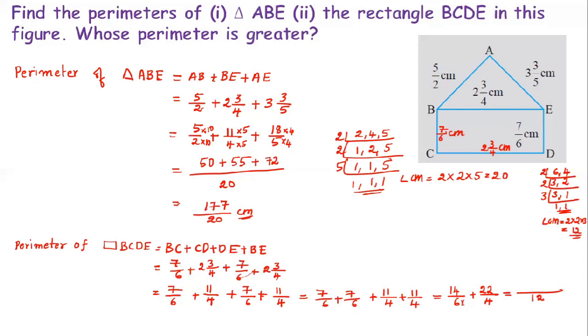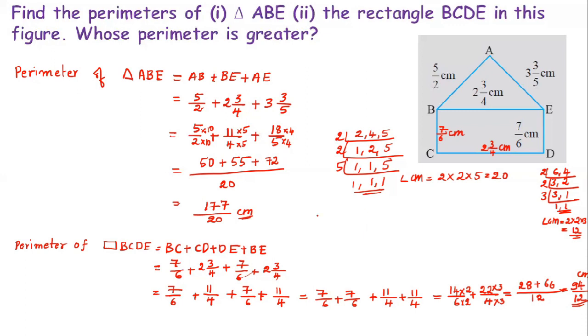To make the denominator 12, you have to multiply 6 by 2. Same number to the numerator. Here 4 threes are 12, here also 3. So 14 twos are 28. 22 into 3, 66. 28 plus 66 is 94 by 12. So the perimeter of BCDE is 94 by 12 centimeter.